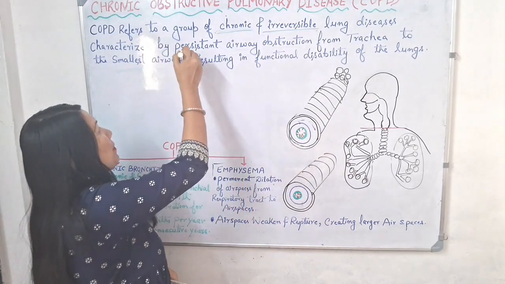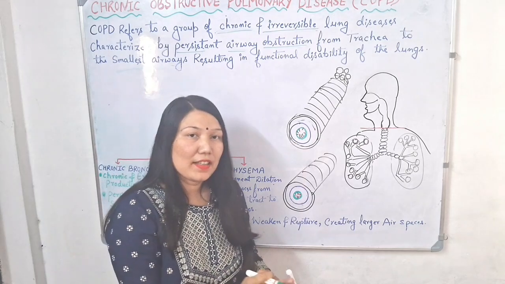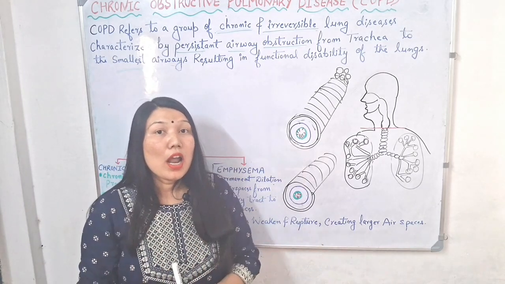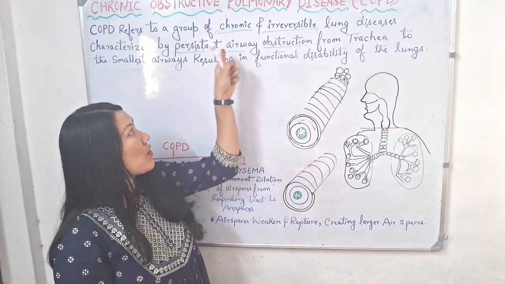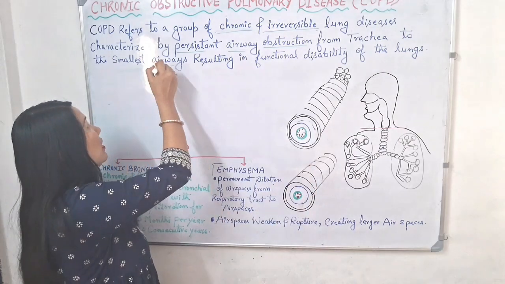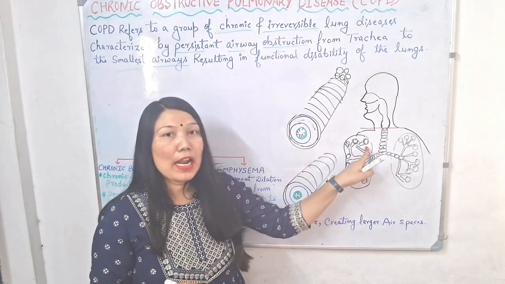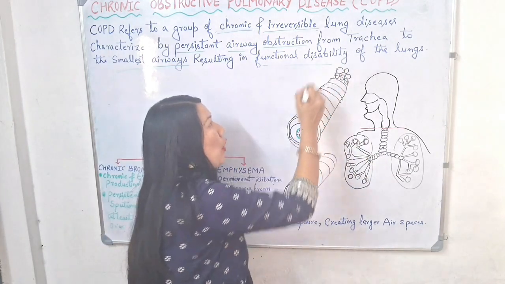It is a disease characterized by persistent airway obstruction. There remains a continuous obstruction in the respiratory tract, from the trachea to the smallest airway, up to the alveoli, resulting in functional disability of the lungs.